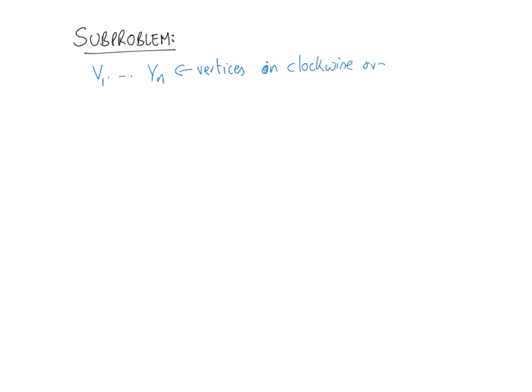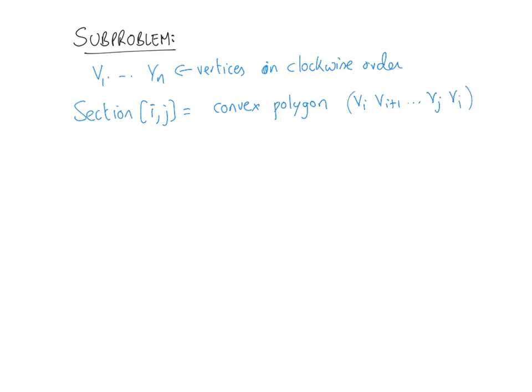And we can define the section of i to j to be the convex polygon formed by just walking from the vertex vi to vj and then jumping back to vi. So basically it's the convex polygon formed by vi+1 up to vj and then vi. So it's a sub-polygon of the original polygon.